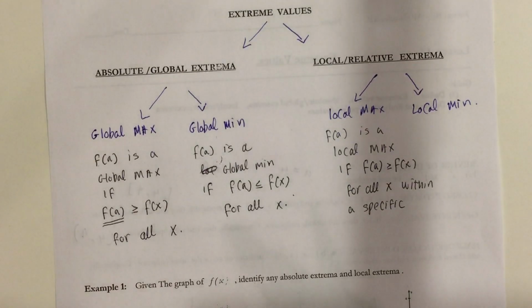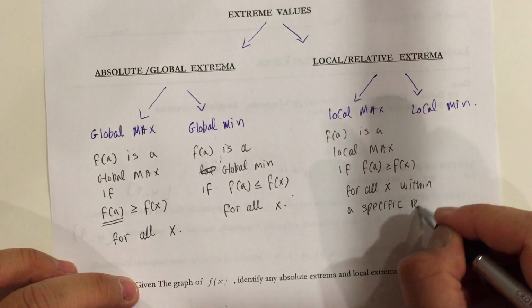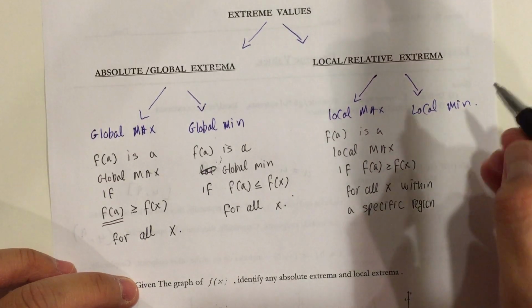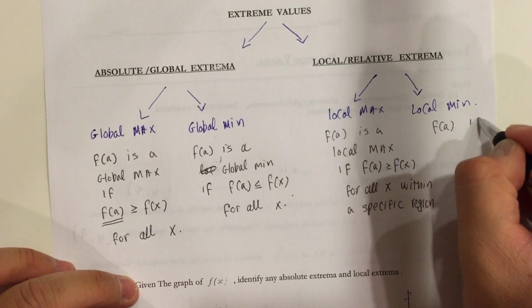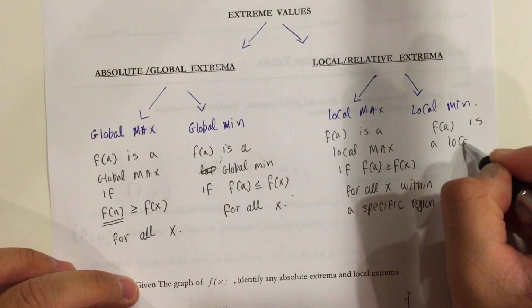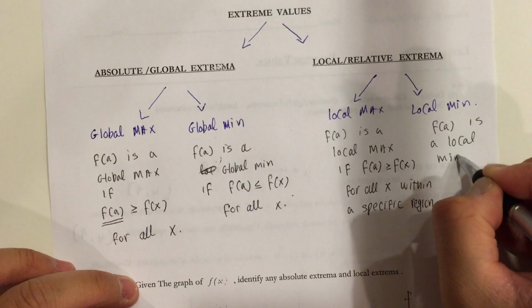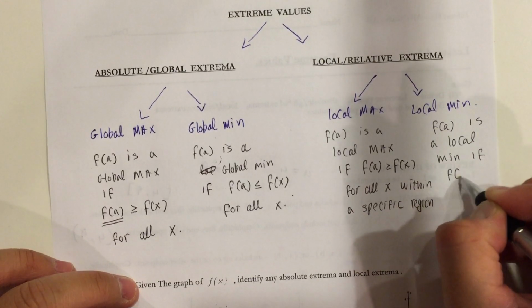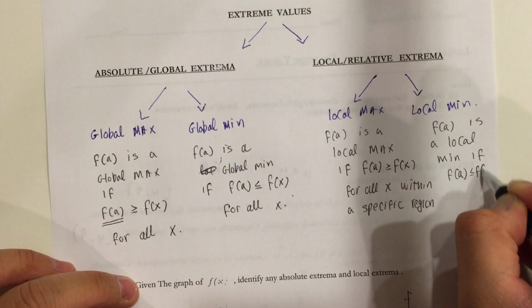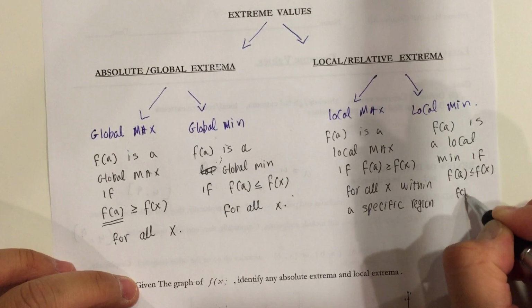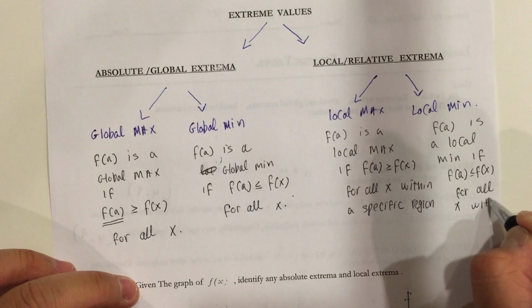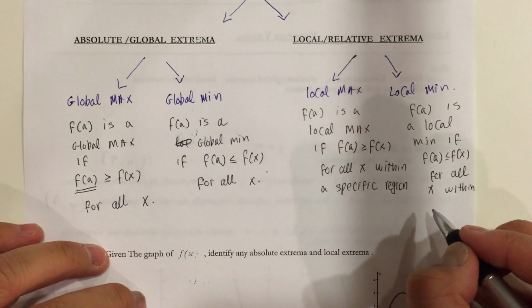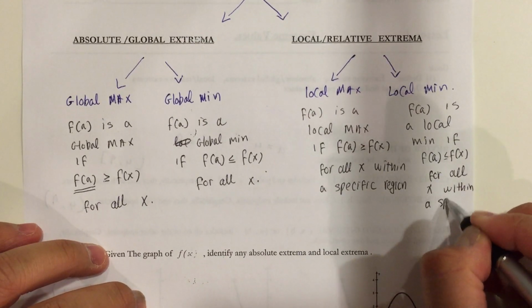So it's within a specific region. Same thing, f of A is a local min if f of A is less than f of x for all x within a specific region.